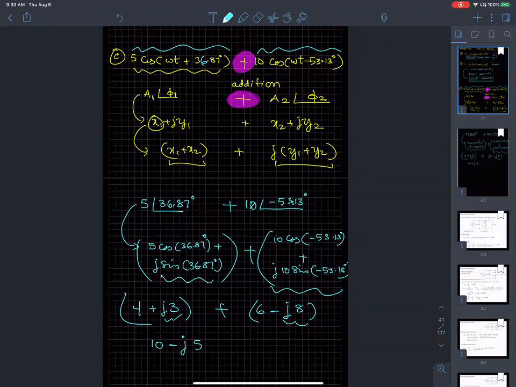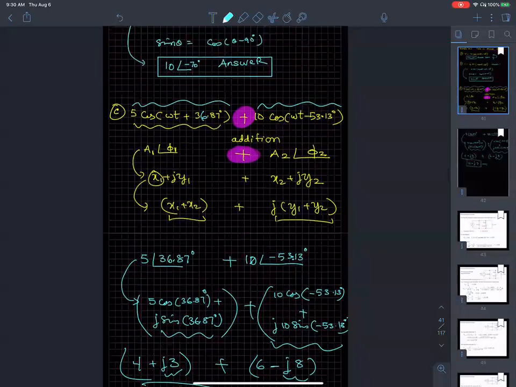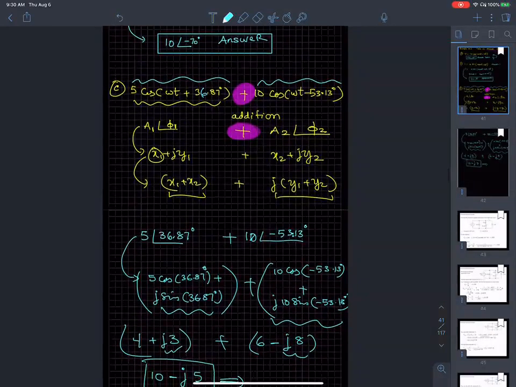So this represents the rectangular form of the sum of these time domain cosine waves.